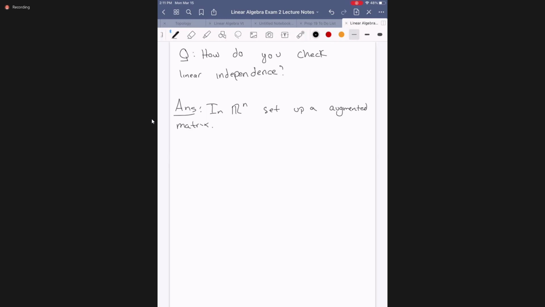You just put the vectors in a matrix in augmented form with zeros on the right hand side. RREF it, and okay, so if it has only the trivial solution, what should that reduce down to if you RREF this matrix?